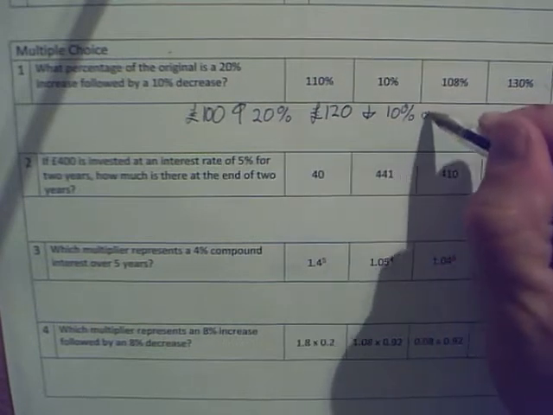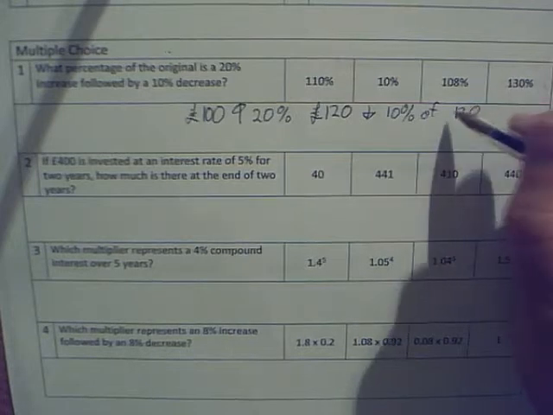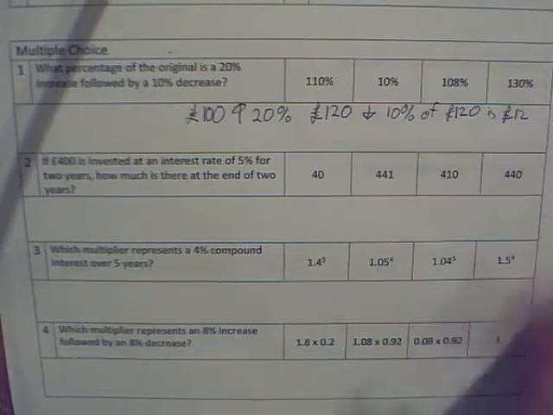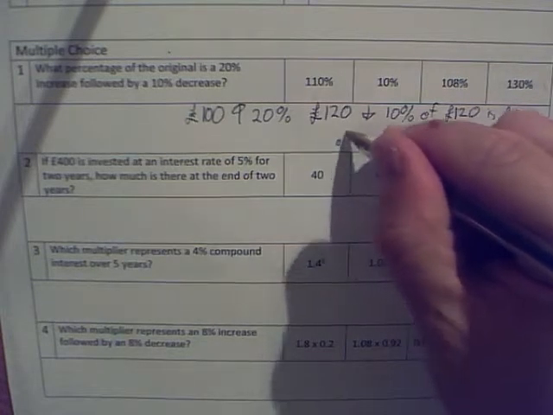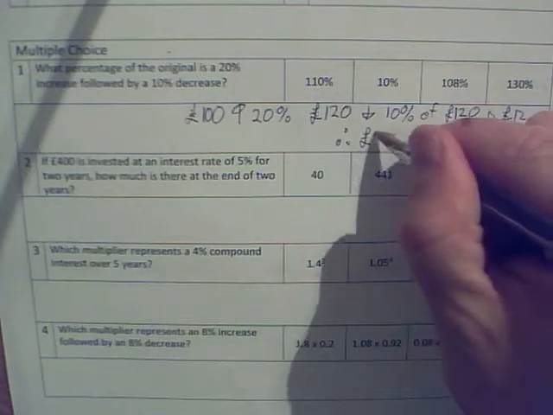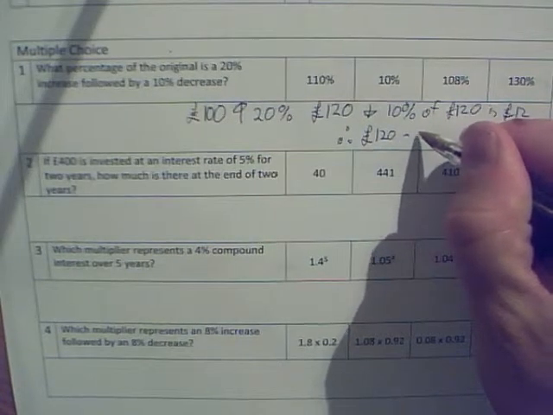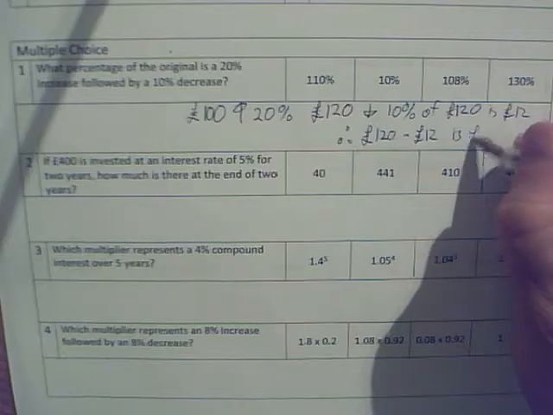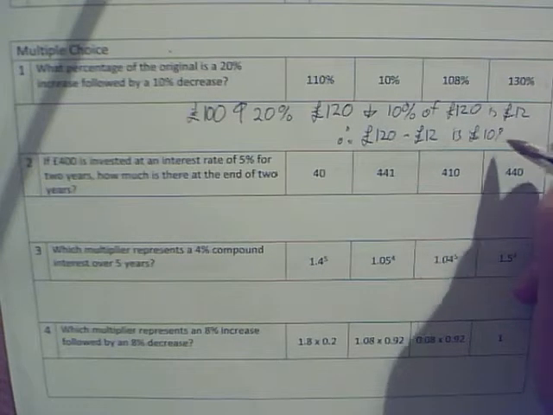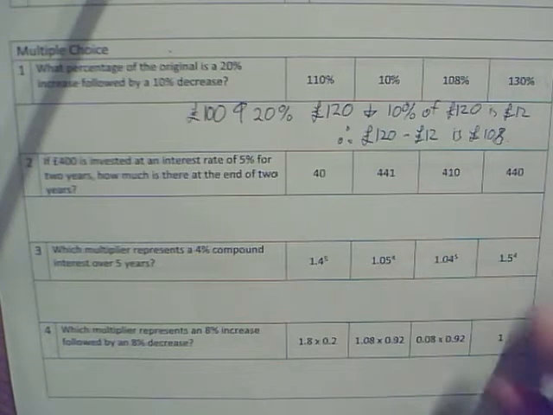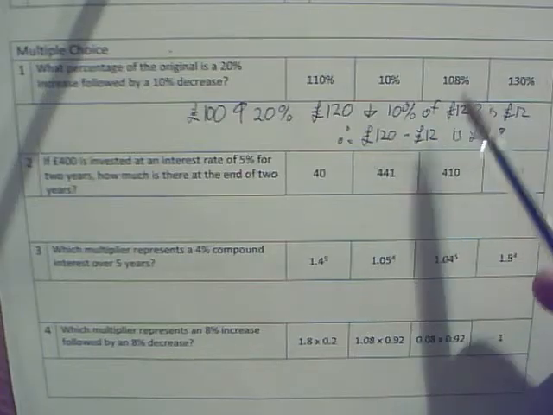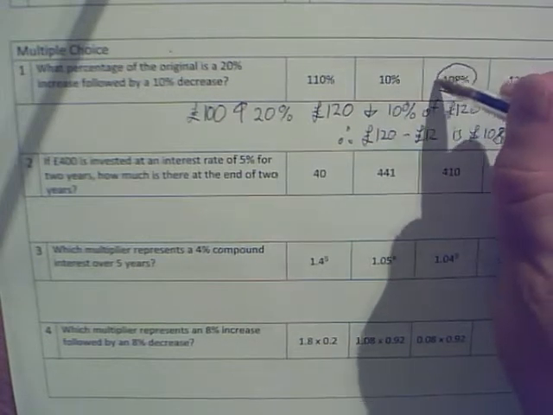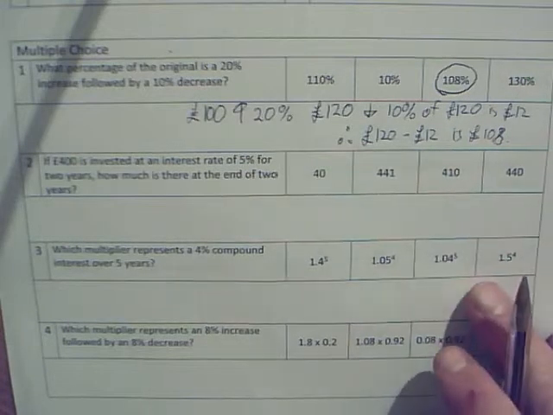So 10% of £120 is £12. Therefore, 120 take away 12 is £108. I've used pounds to exemplify it, but it works the same with percent. So it's 108% is what a 20% increase followed by a 10% decrease is.